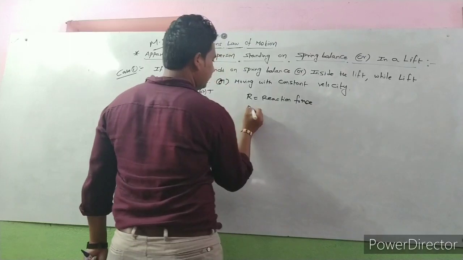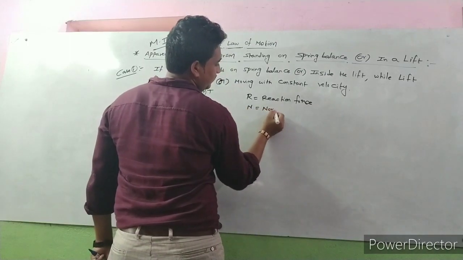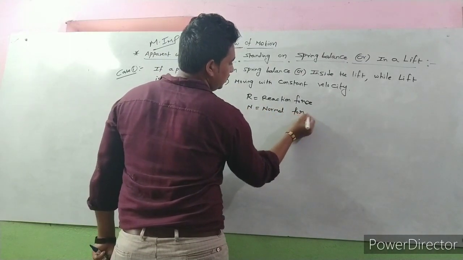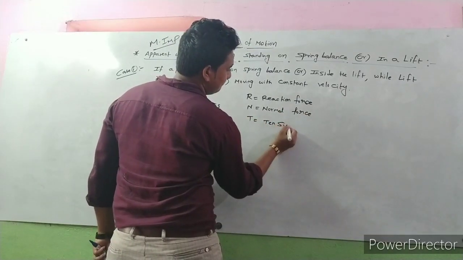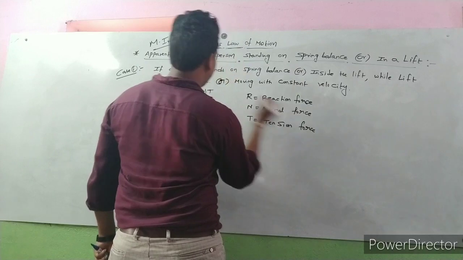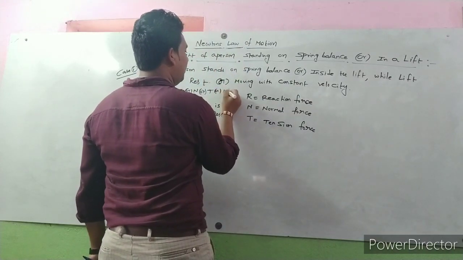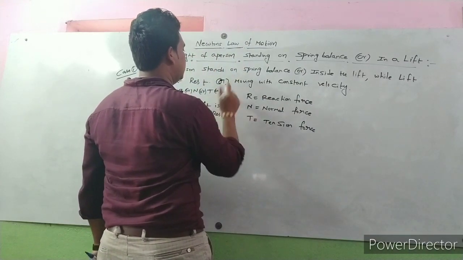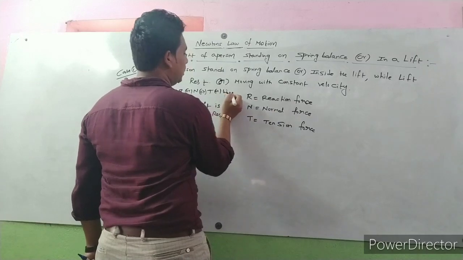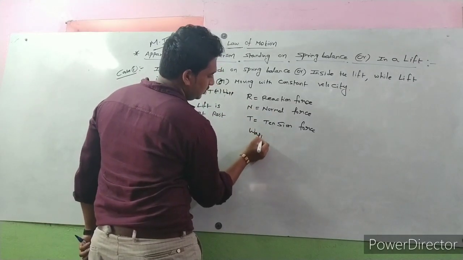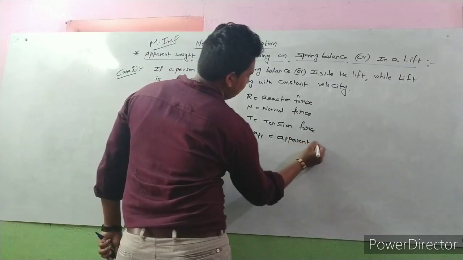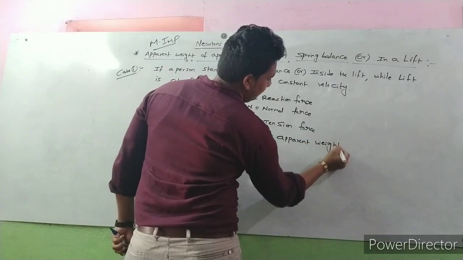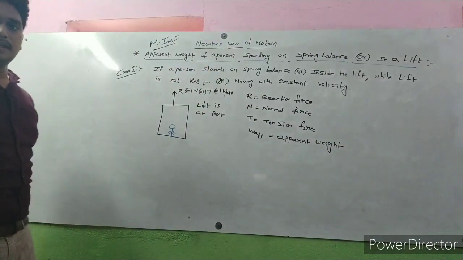Sometimes this is called normal force, tension force, and this is also called apparent weight, W apparent.